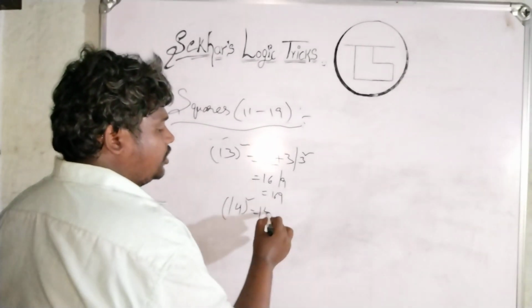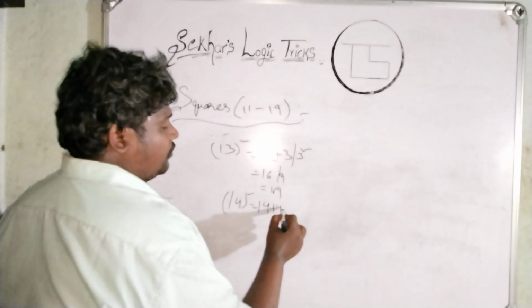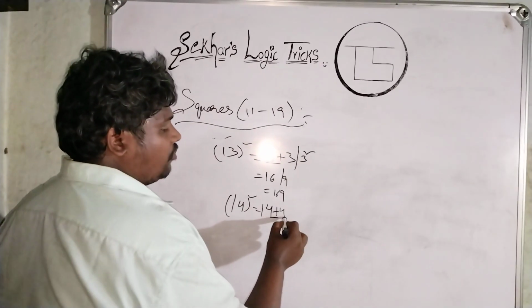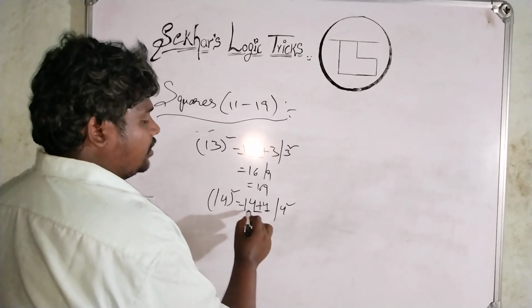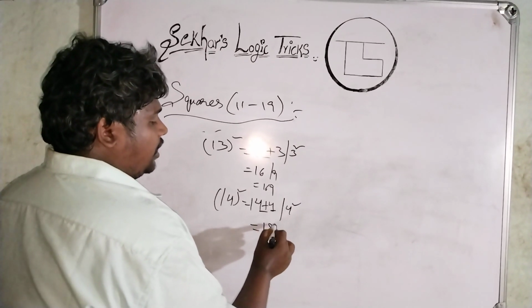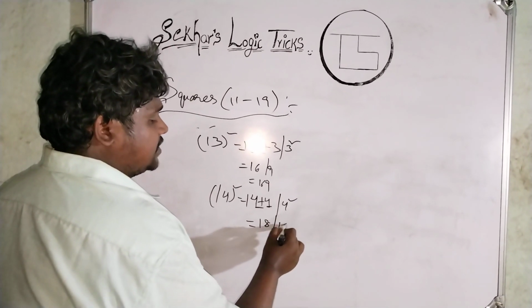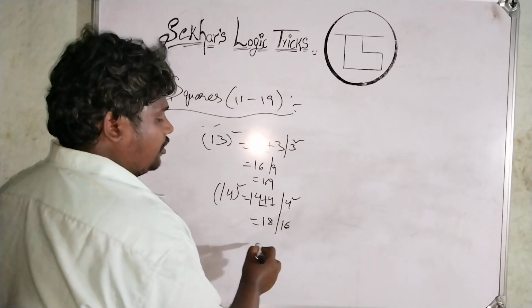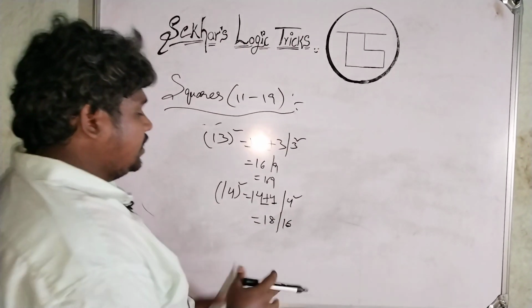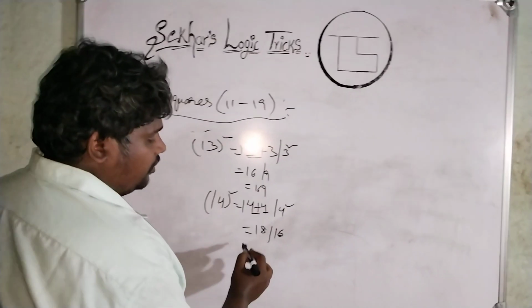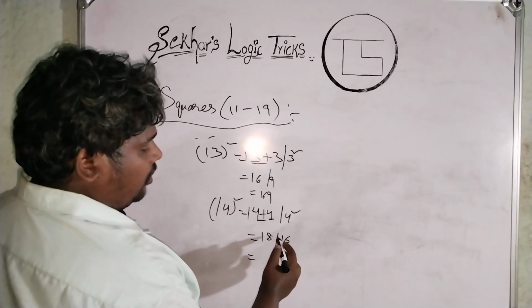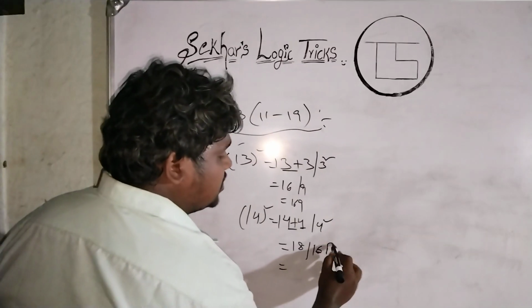Now move to 14 square. 14 plus the unit digit of this number, slash, 4 square. 14 plus 4 is 18, and 4 square is 16. In sums like these we follow the balancing rule.